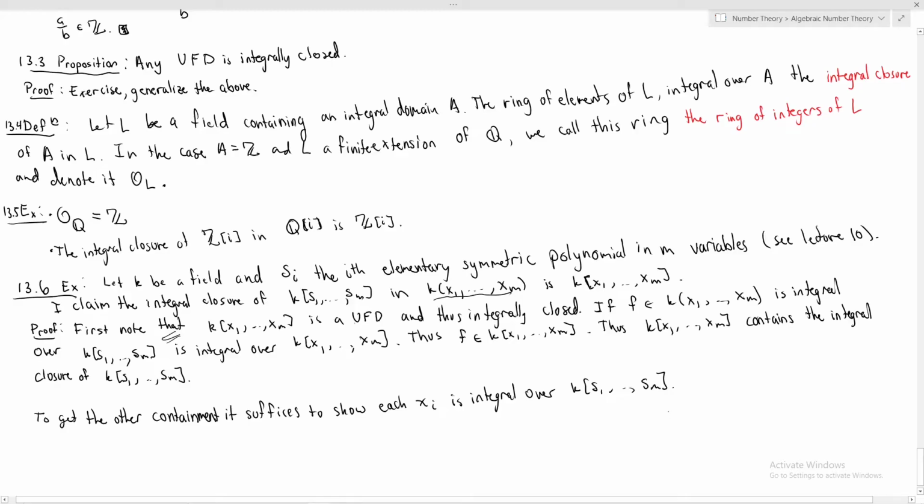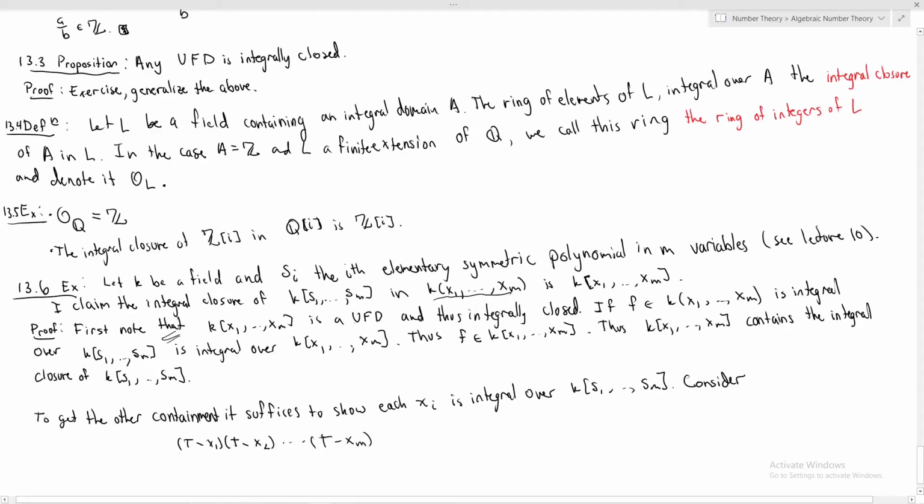Now the key here is to essentially cook up a polynomial which has these xi's as roots. This is hard to come up with, but easy to verify. Well, for me it'd be hard to come up with, it's maybe more accurate to say. So the observation is basically to consider the following polynomial: t minus x1, t minus x2, and so on, t minus xm.